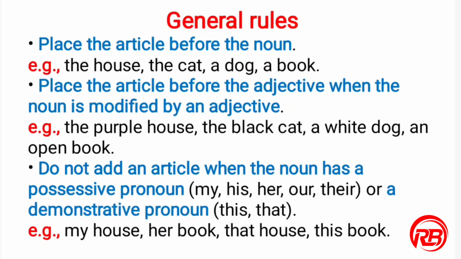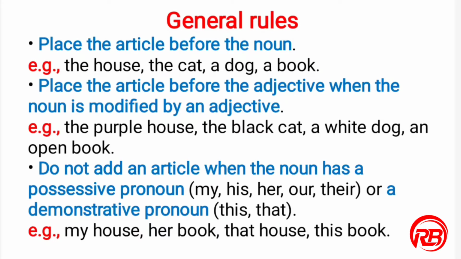And rule number 2 is: place the article before the adjective when the noun is modified by an adjective. Already we have discussed it. The article will act like an adjective in a sentence. Example: the purple house, the black cat, a white dog, an open book.